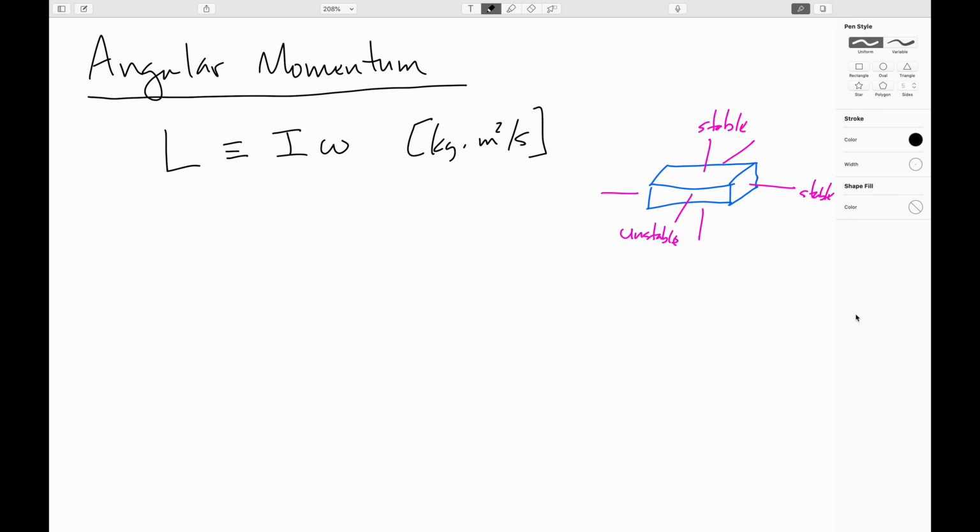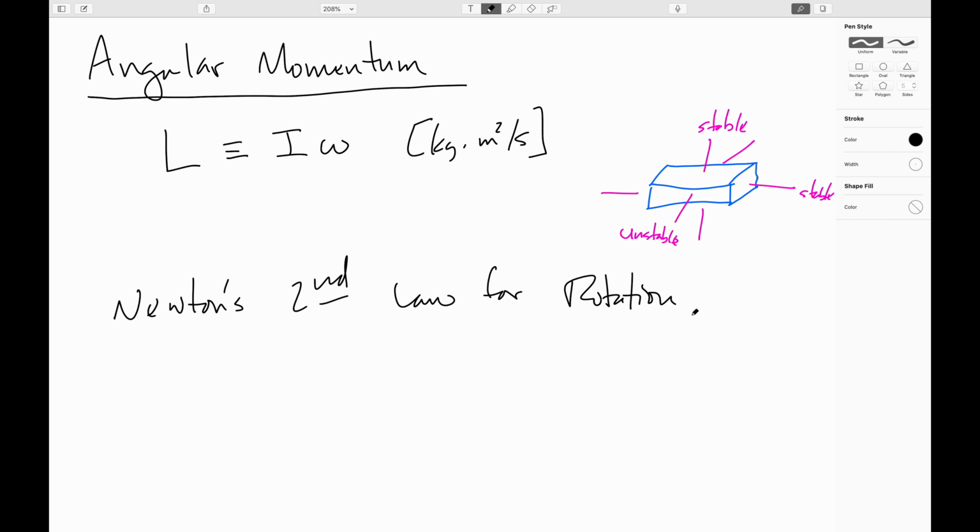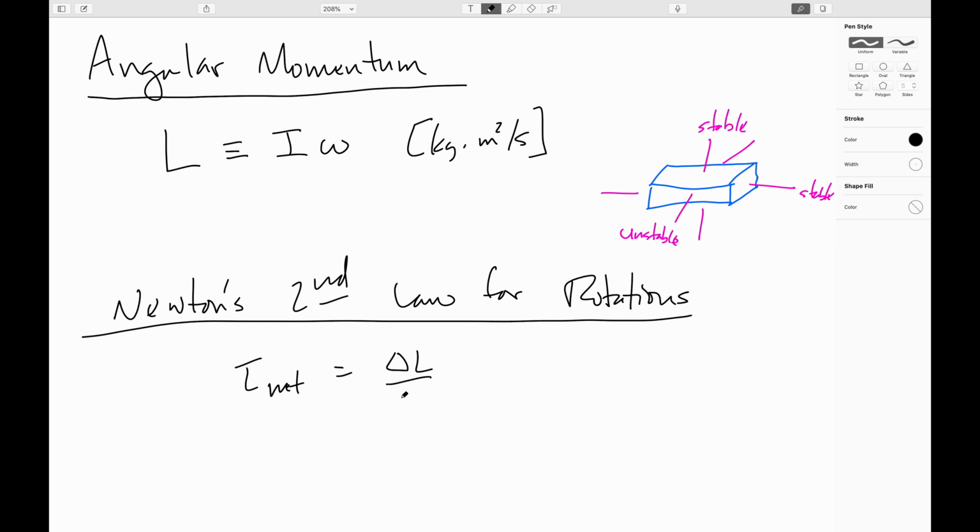Okay, and so with that, it turns out that much like what Newton actually said in his second law was that the net force is equal to the time rate of change of momentum of an object, Newton's second law for rotations can be written as the net torque applied to an object is equal to its time rate of change of angular momentum.